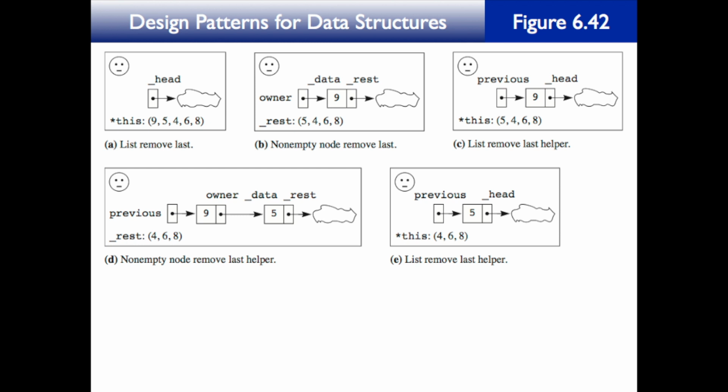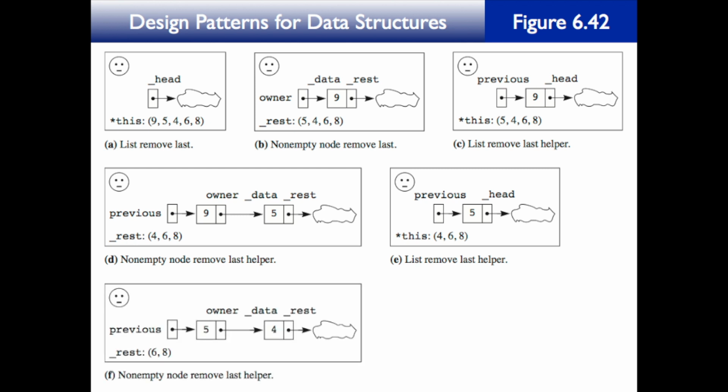Okay? And then it continues down. So in part F, we work our way down the list one more time. And again, owner is a parameter that we have access to. So because we are in a non-empty node, our attributes are underscore data and underscore rest. And then on it goes.